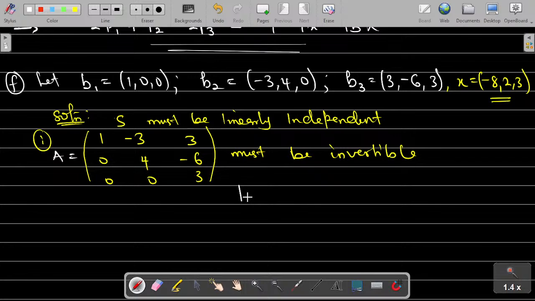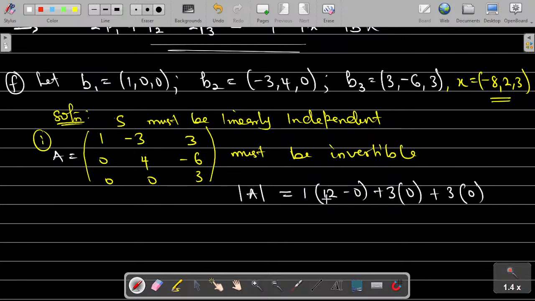So we want to achieve that the determinant of A is not 0, and the determinant of A is 1 times 4 times 3, which is 12, minus 0. Then minus of this is plus 3, times, here you will have 0 times this, which is 0, and this times this, of course here is 0, and then finally plus 3, you terminate here, so this will be 0 also.